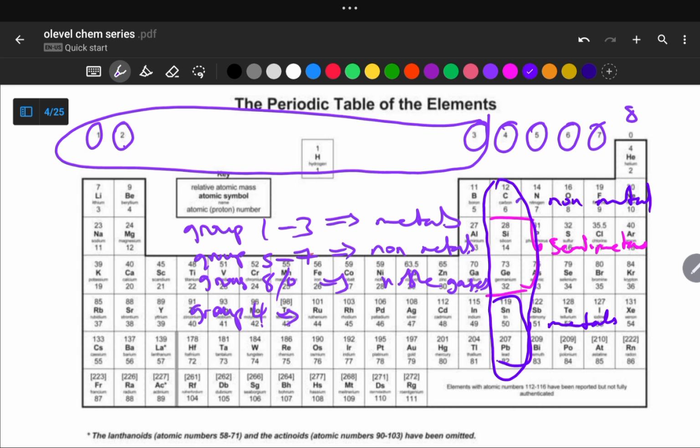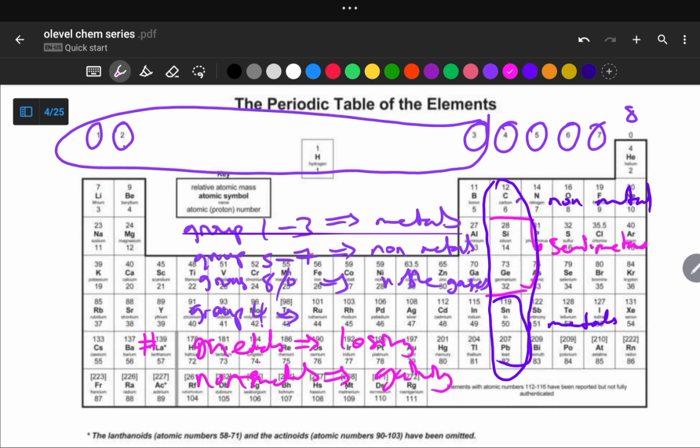So you need to take note of these points because they're very, very crucial. Group 1 elements, all the metals, they react by losing electrons. And all the non-metals, they react by gaining electrons.